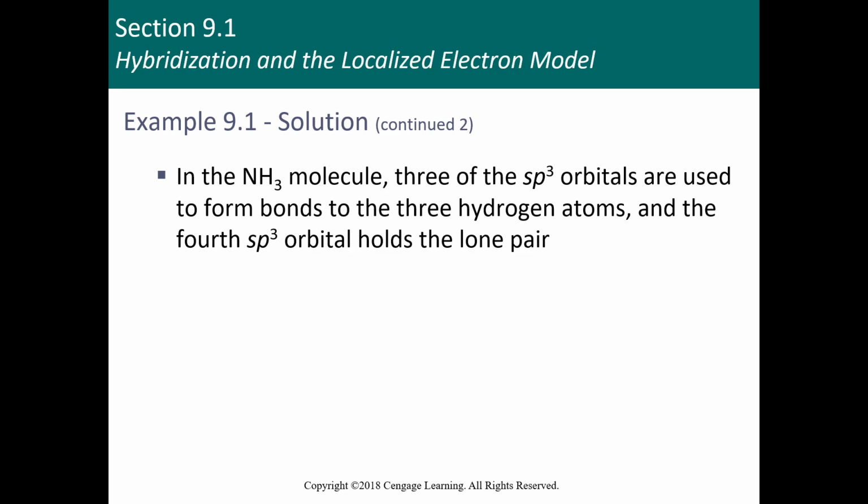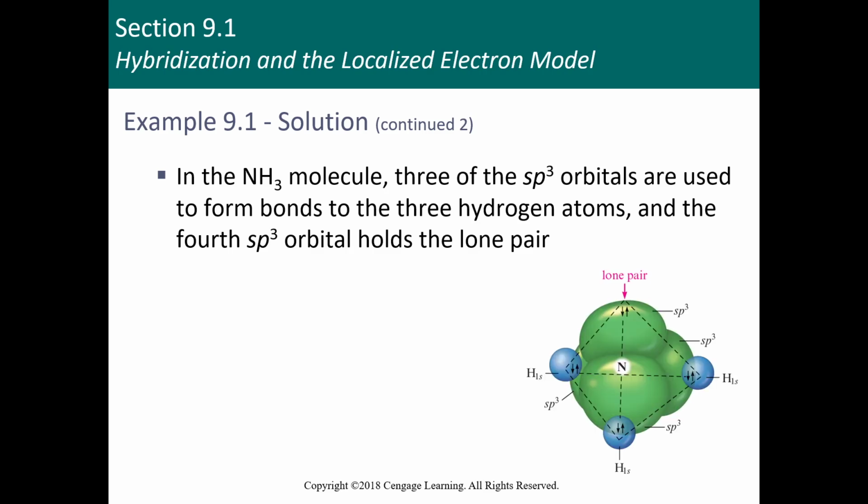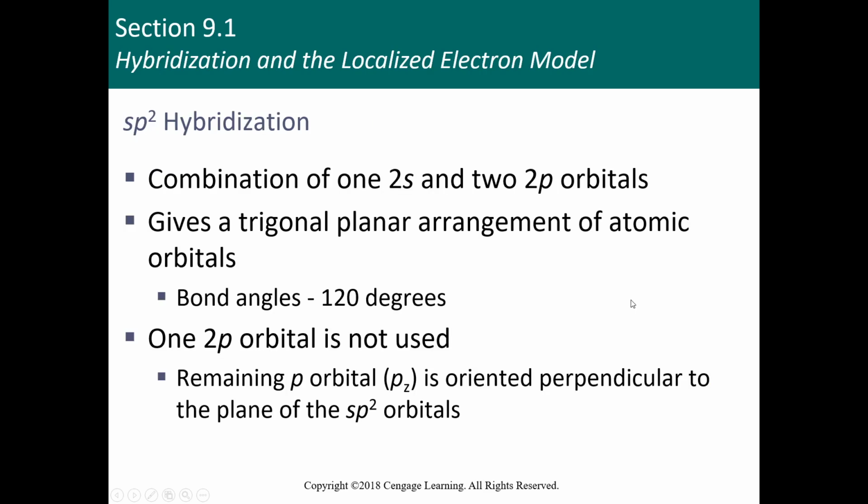They are not s orbitals. They are hybridized orbitals. That is it. You can't split them back out, okay? All right, so that's what this looks like. There's your three sp3 hybridized orbitals. Those are these little deals right here, lobes, if you will. And then you have your lone pair up here. Okay, so there's an sp3 hybridization going on.